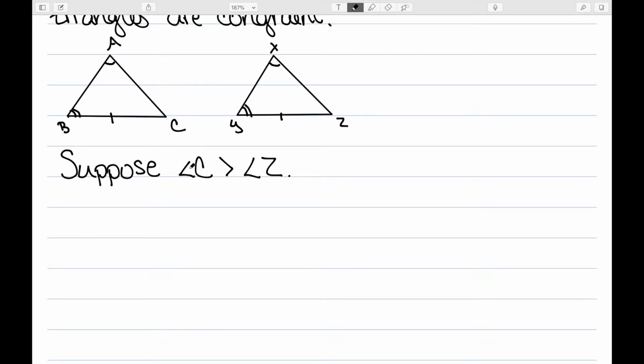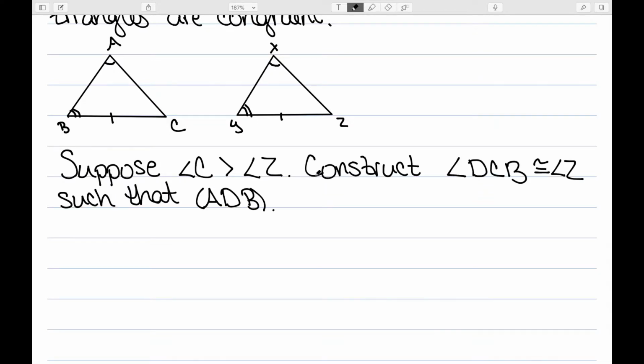If it's not, just change the lettering so that it is. We then want to construct this angle DBC that's congruent to angle C, angle Z, such that D is between A and B. So essentially, I'm constructing this edge so that these third angles are congruent.